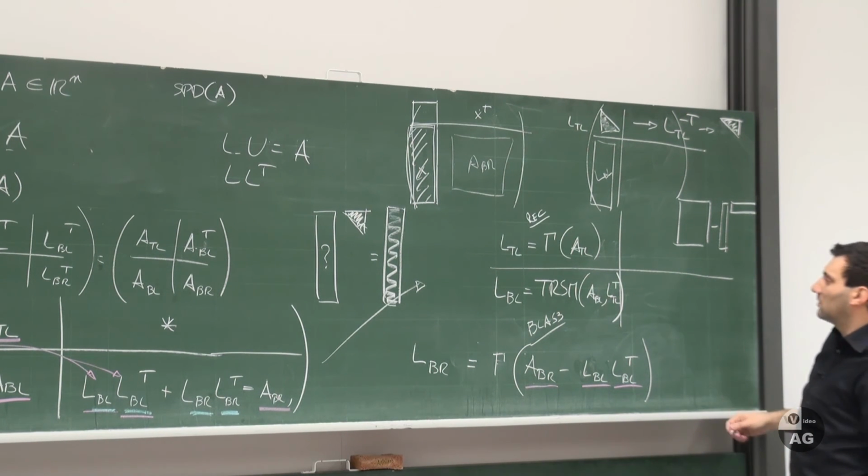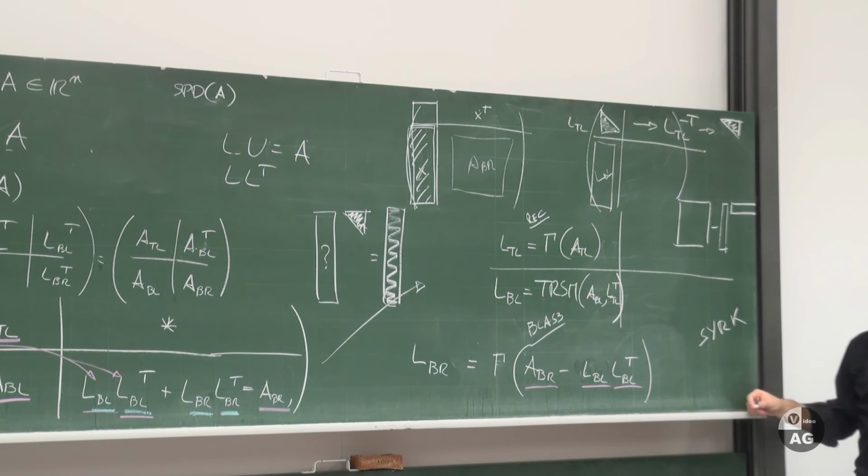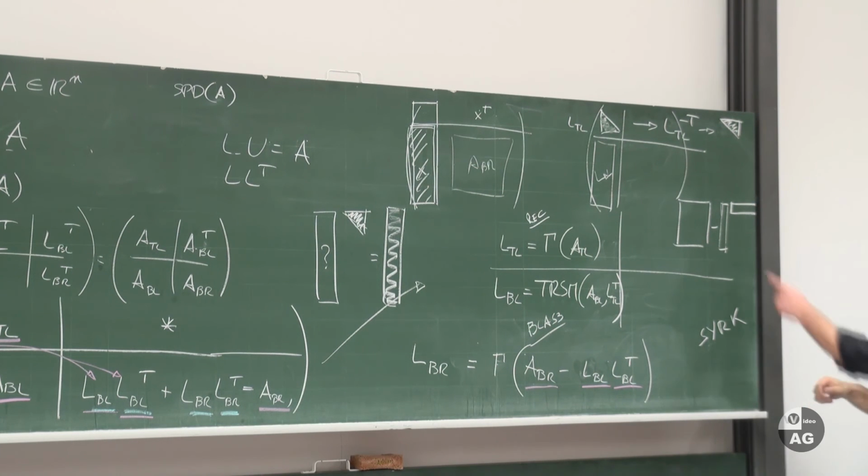I guess you don't have enough BLAS experience yet, but this is called SYRK, symmetric rank k update. In case you want to know a little bit more of numerical linear algebra, why is it called the rank k update? Because if this object here, if the matrix consists of k columns, or here k rows, then the rank of this update is k, and so basically this means that you're taking a matrix and updating it with a rank k matrix. So it's called symmetric rank k update.